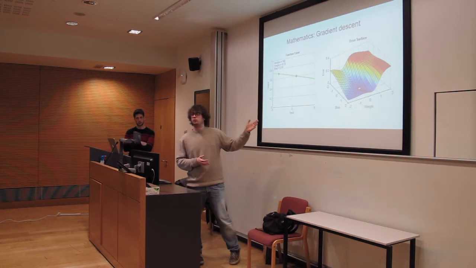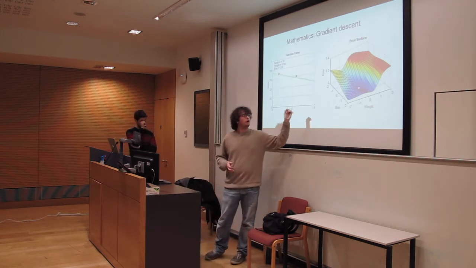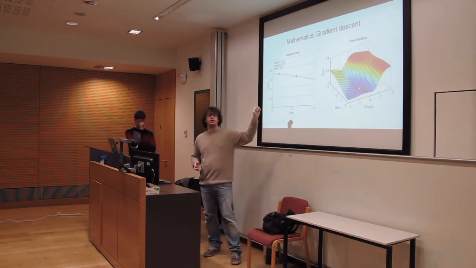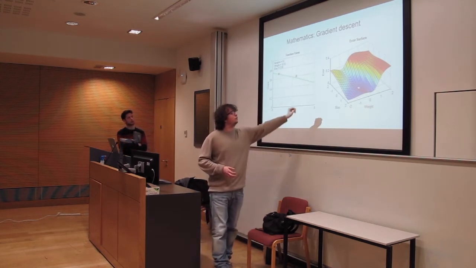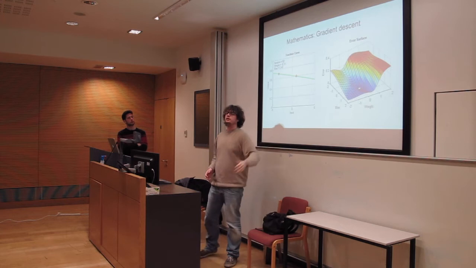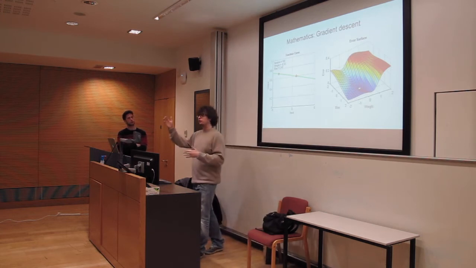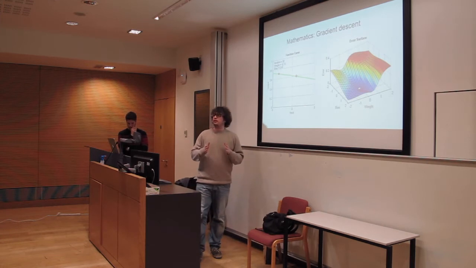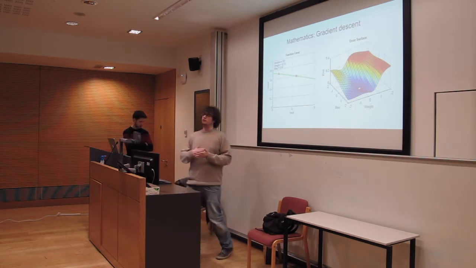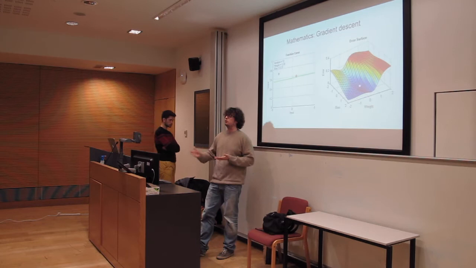You can compute this just by computing the gradient of the loss function for those values of your parameters. So what happens is that you start with some random values of your parameters. You compute the gradient of the loss function and the neural network. You take a step in the direction of the gradient, which is the direction in which the loss function decreases most fast.